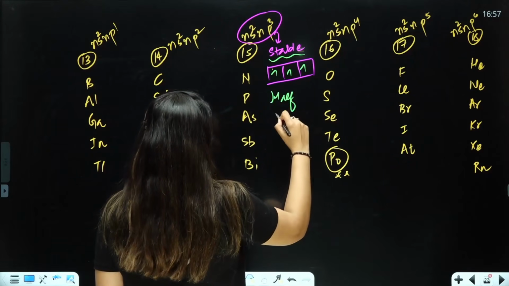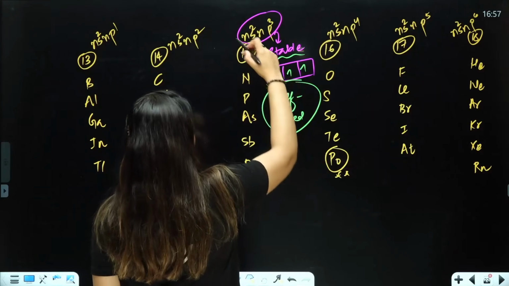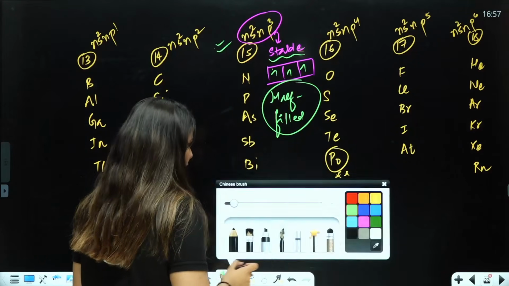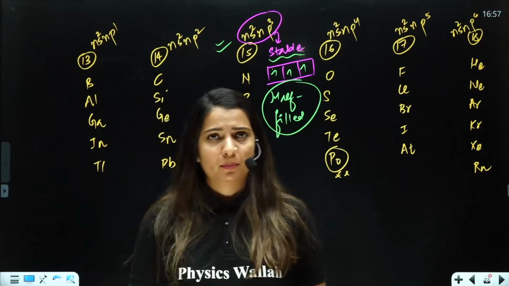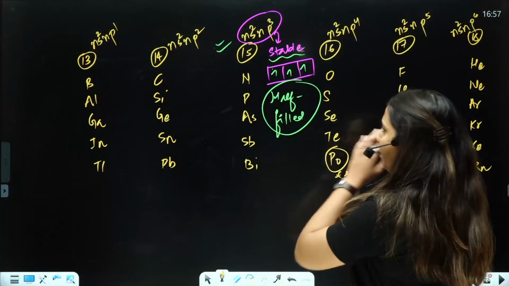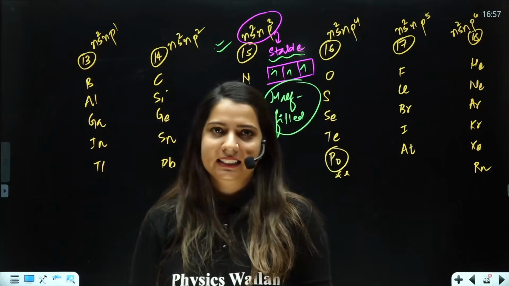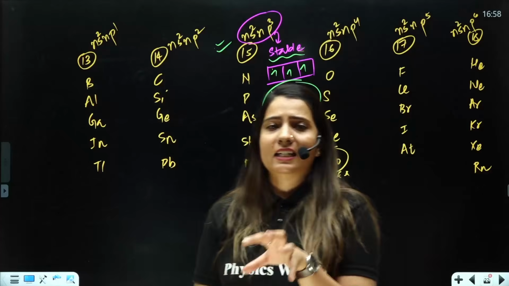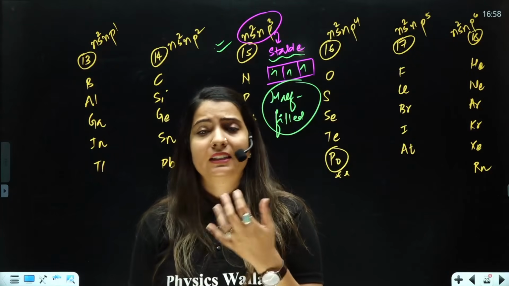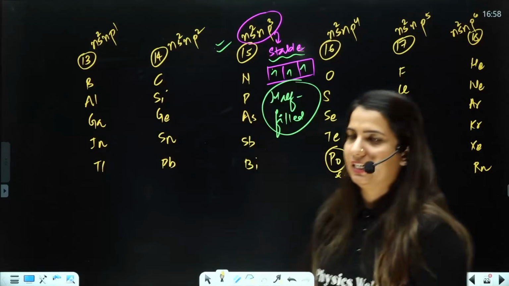So you need to remember the properties related to all of these p block elements, the names, and if there is some property of stability. Group 18 is stable, that we don't need to write because we all know these things. But group 15 is also considered as stable because it has the very stable electronic configuration of the exactly half-filled p subshell, right?